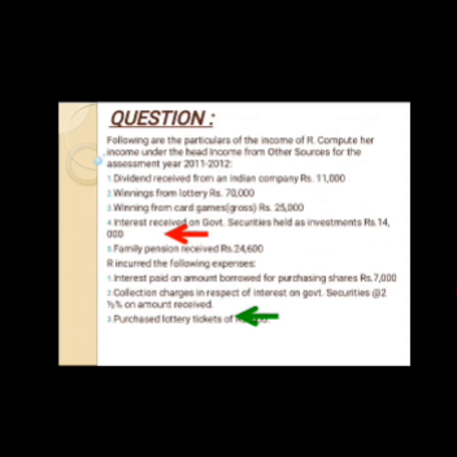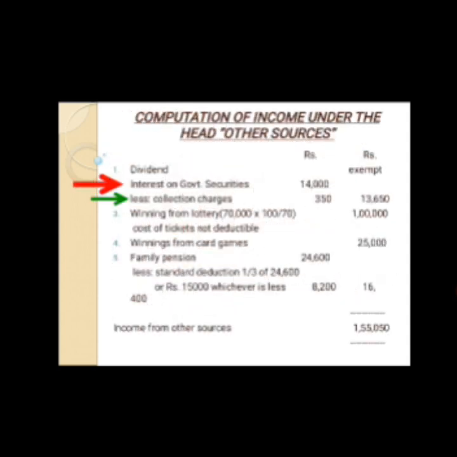Expenses related to this source should be deducted. In the solution, interest on government securities rupees 14,000 less collection charges at 2.5% should be calculated, and we get rupees 350. So less 350 from 14,000, value taken as 13,650 for calculation.